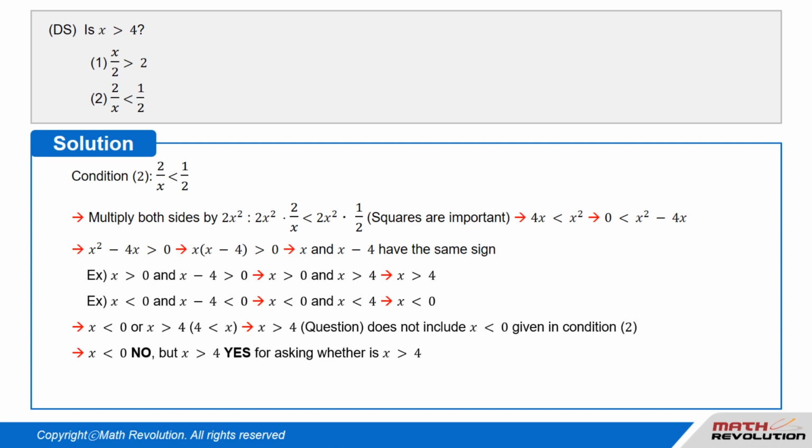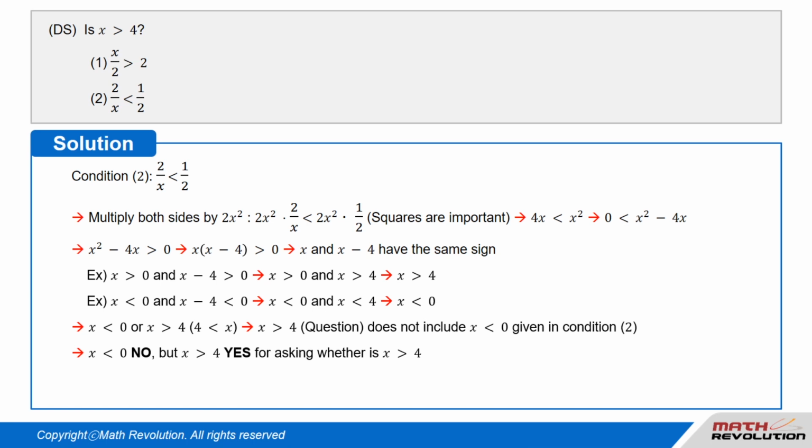The range x is greater than 4 that we are trying to find does not include the range x is smaller than 0 or x is greater than 4 given in condition 2. If x is smaller than 0, then we get no as an answer to whether x is greater than 4.